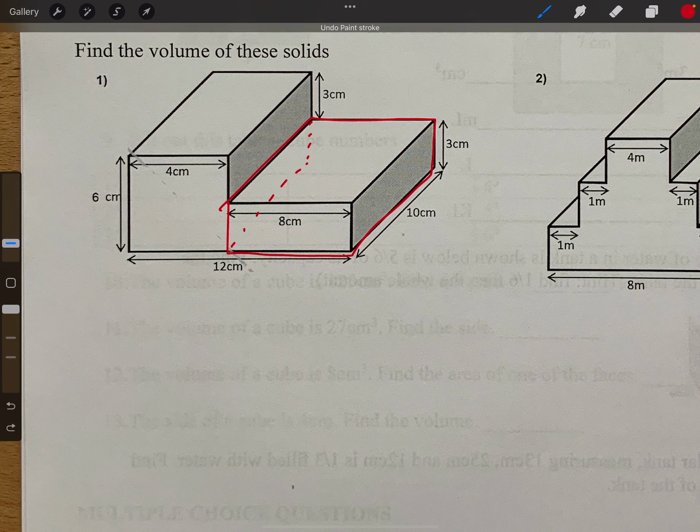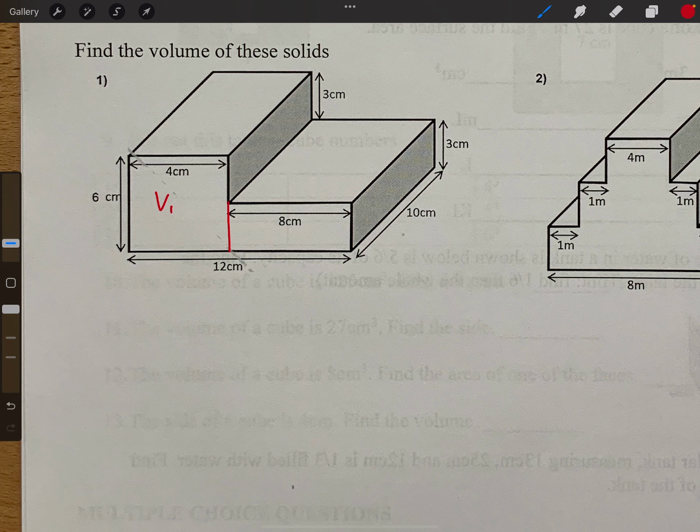So you can break it up into two pieces, and then find the volume of each piece and add it together. So let's try that method first. I want to find the volume of this one. I'll call it V1, Volume 1. Volume 1 is equal to the volume of this shape here.